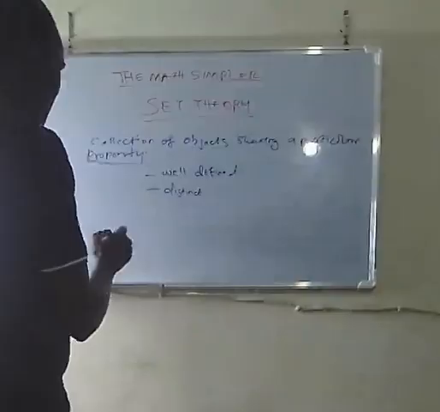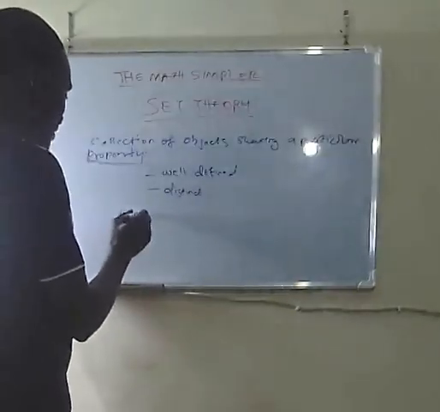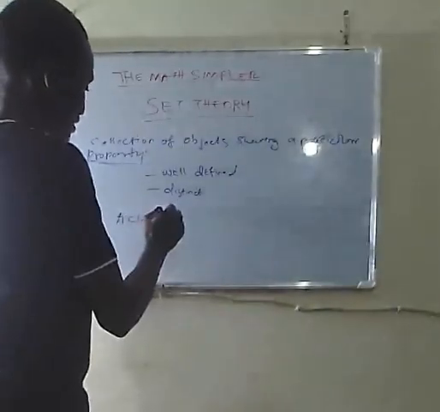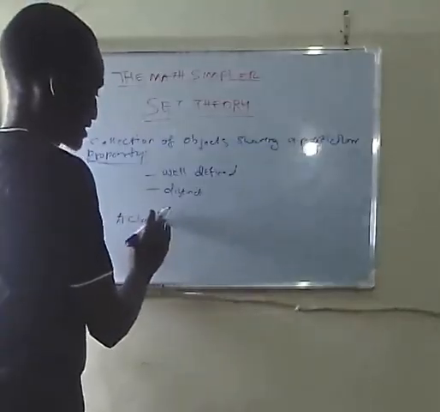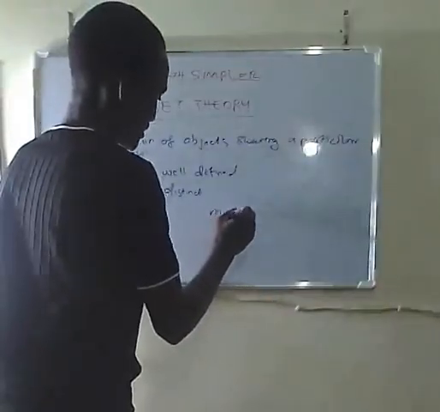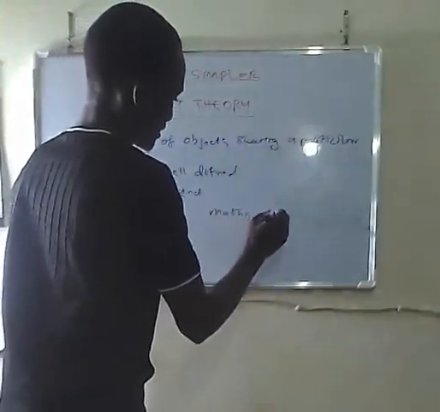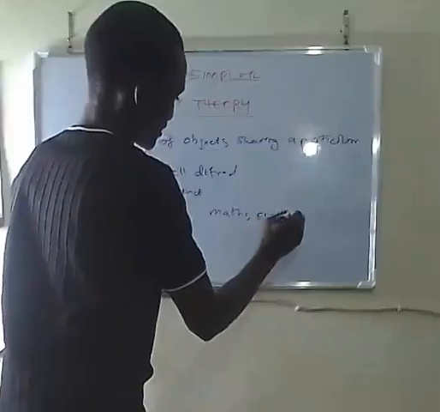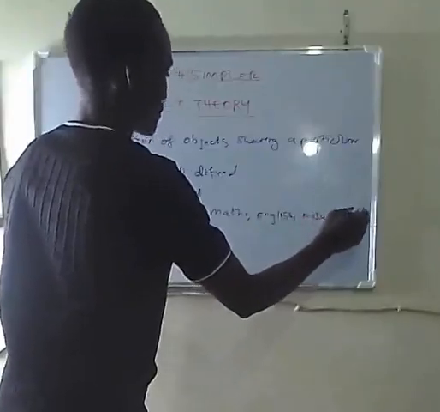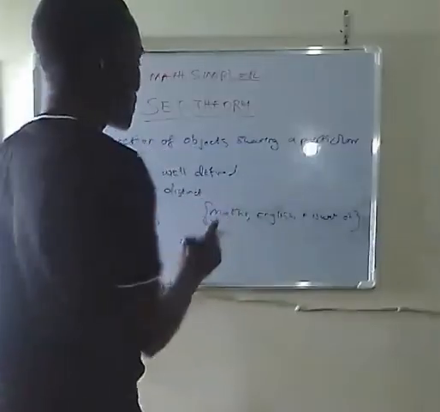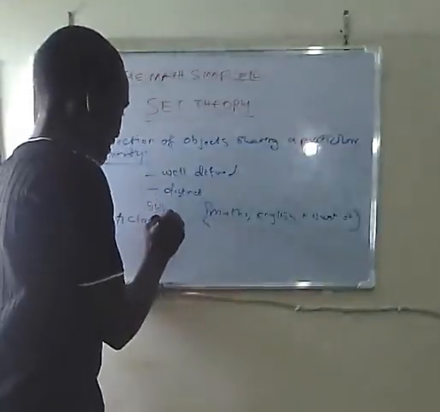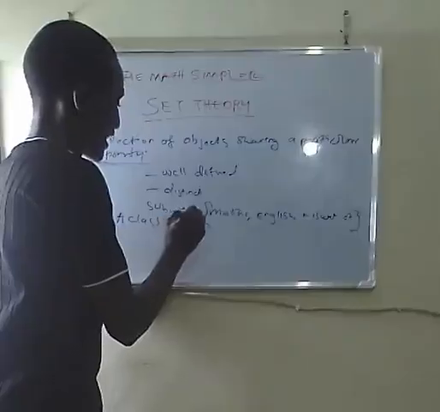In real life, we have a class. A class has subjects, and the subjects are math, English, Kiswahili, etc. So when you regard these subjects as a set, these are the set of subjects in a class.